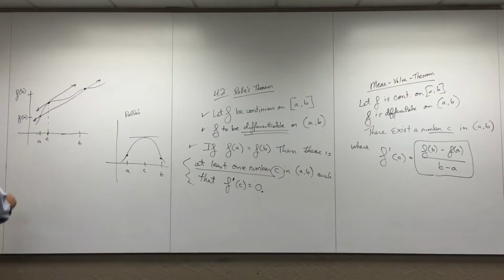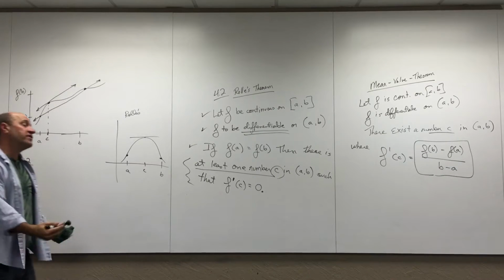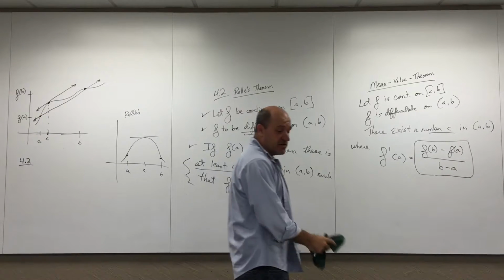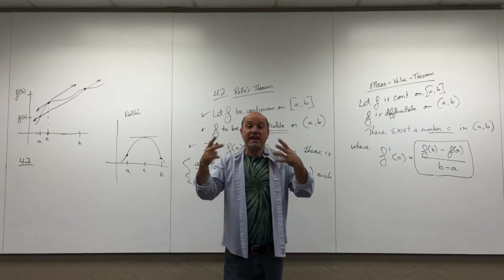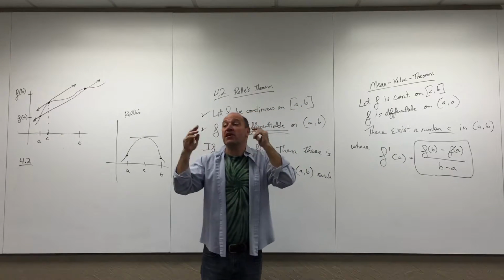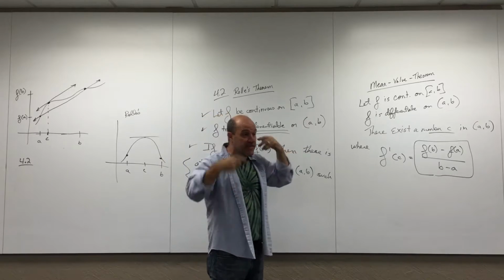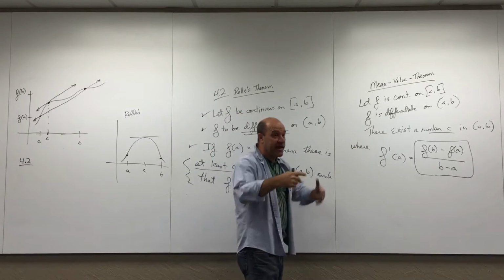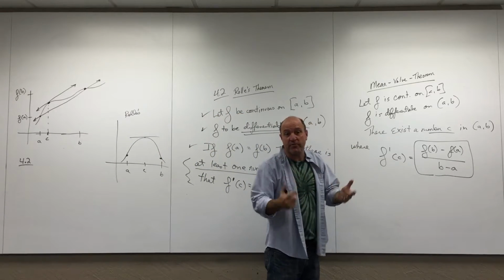Now here's what I did. In 4.2, I assigned a few problems. What the problems usually say is, make sure that if you can apply the mean value theorem, then please do it. So you have to check to see if you can apply it. How do you check?